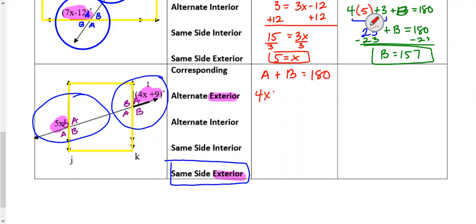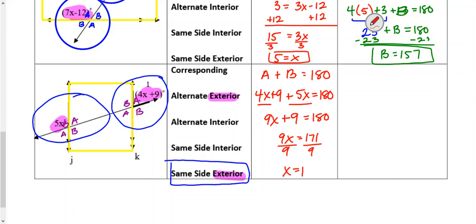A is 4x plus 9 plus B is 5x, still equals 180. 4x plus 5x is 9x plus 9 equals 180. Subtract the 9. 9x equals 171. Divide by 9. X equals 19.